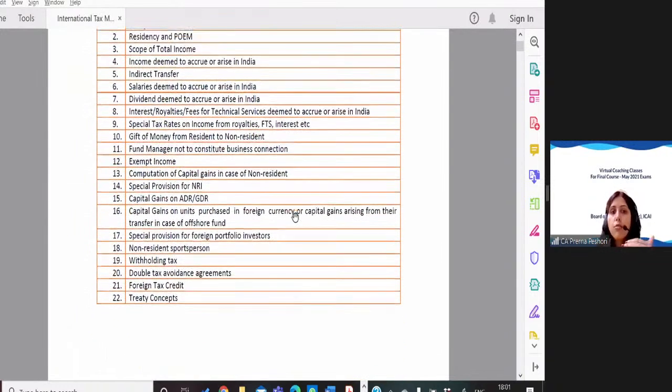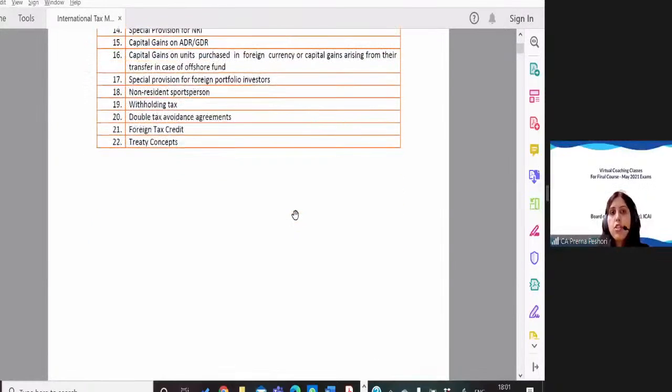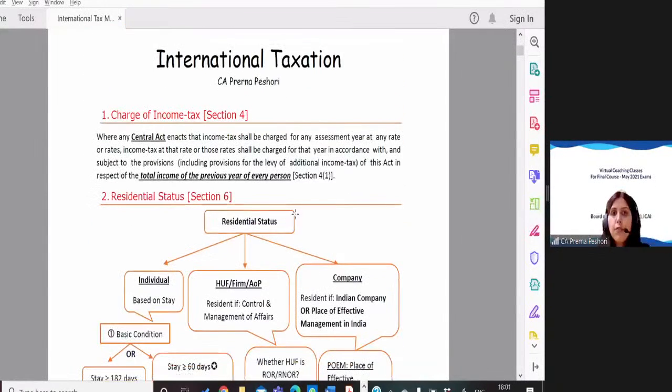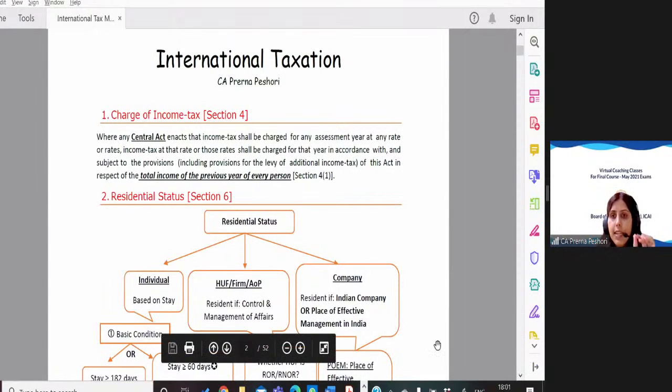First, today I am going to touch upon the residential status. Let's understand one thing: why is residential status very important?